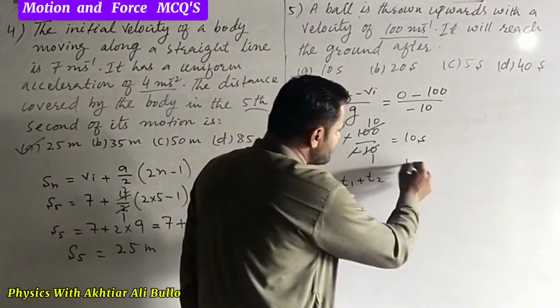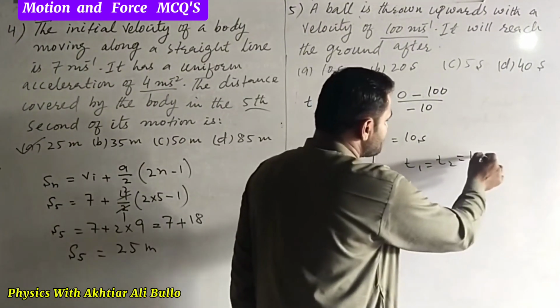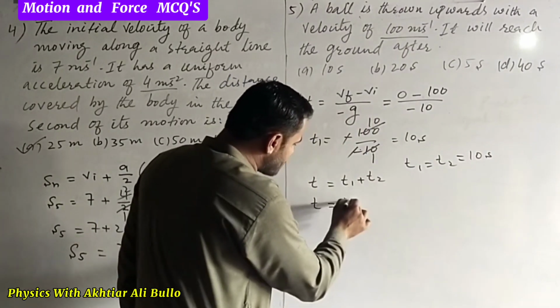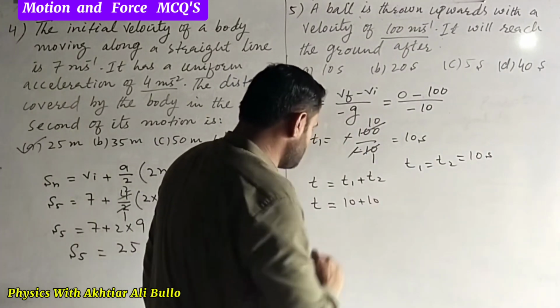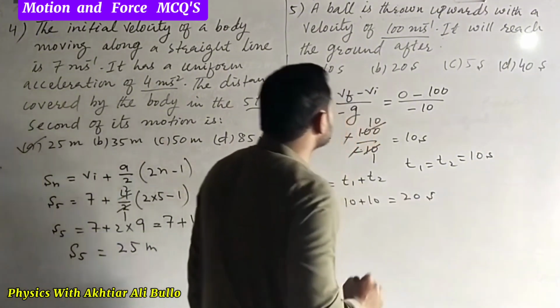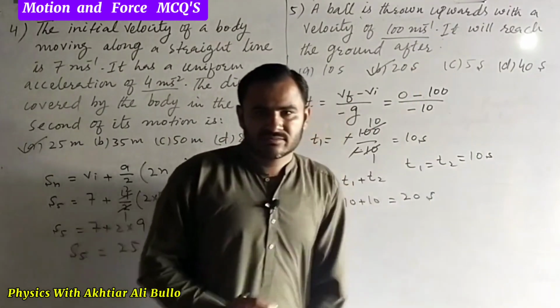So here t1 is equal to t2, which is equal to 10 seconds. So the total time of flight will be equal to 10 plus 10, so it will be 20 seconds. So the correct option is B, 20 seconds.